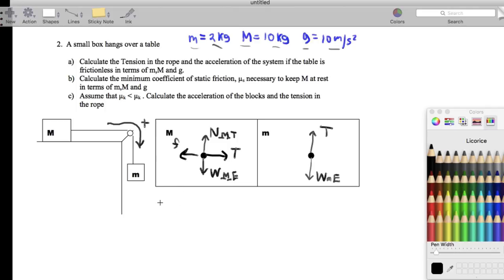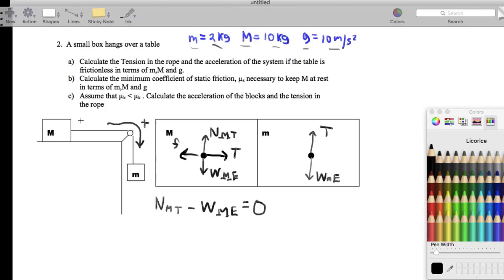So for big M, we actually need to set up the equations in the y direction and in the x direction. And in the y direction, we have that the normal force actually competes with the weight. And the effect is that the block neither leaps into the air nor does it crash into the table. And we write that as a simple 0, meaning there's no acceleration in the vertical direction.